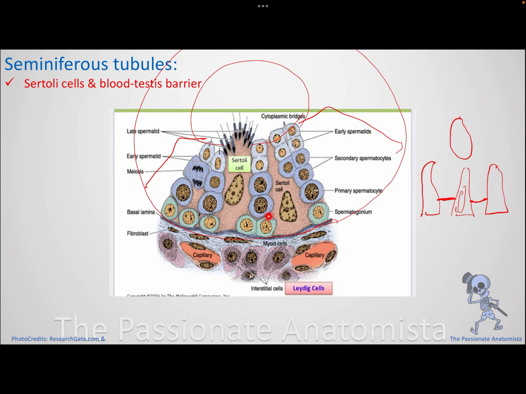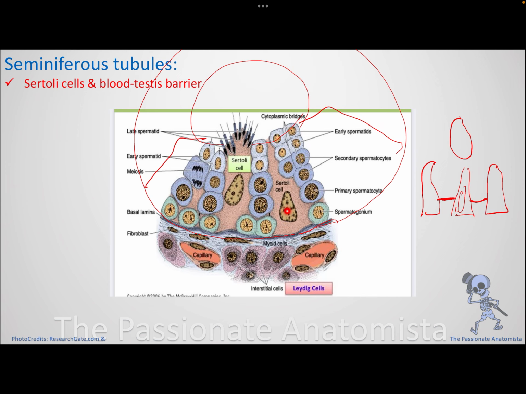You get to see that tight junction after the spermatogonia, because spermatogonia are 2N, and they have genetic material identical to everything around them, so there is no harm in having them facing the blood capillaries. The problem is for the differentiating cells here, where we're going to see genetic material that is different from the surrounding blood cells.